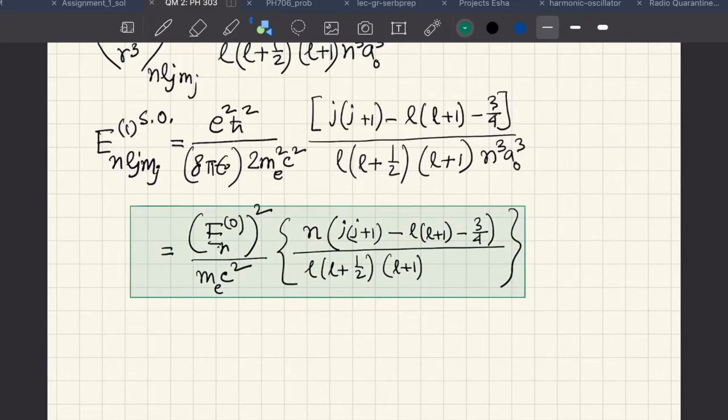Now let us look at some important salient features of this expression. Firstly, it is remarkable, considering the totally different origin and physical mechanisms involved, that the relativistic correction and the spin orbit coupling are of the same order. You remember the relativistic correction also was of the order En0 square by m e c square. Here also I see that the first order correction due to spin orbit coupling is of the same order.